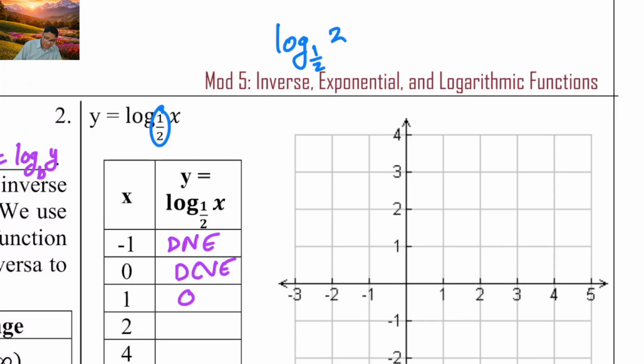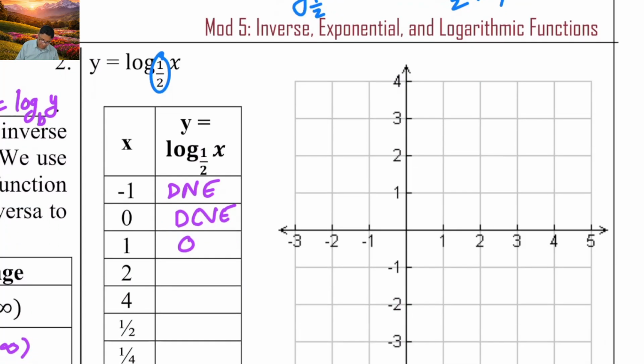One is you can use the property that we just used a while ago, that if you take the reciprocal of the argument of the log, it becomes negative. So this is negative log to the base half of half. Reciprocal of 2 is 1 over 2. Now log of half to the base half is 1, so this is -1. You can use that technique to evaluate.